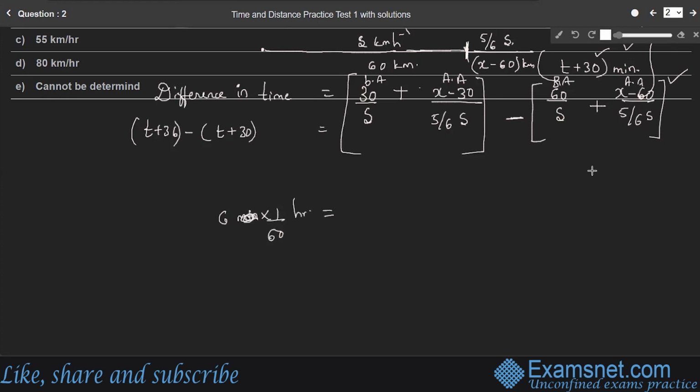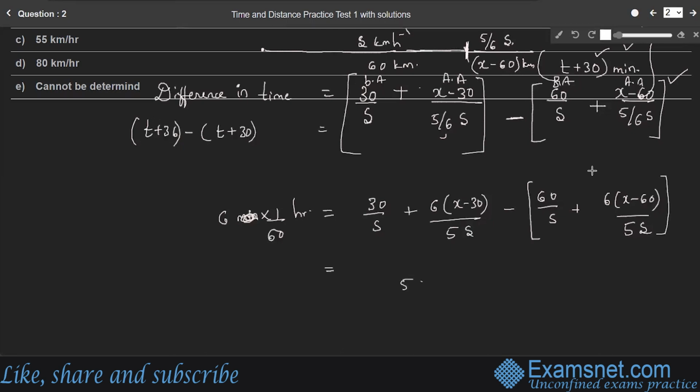Therefore, in the simplification part, 30 by s plus, take this 6 to the numerator, it becomes 6 into x minus 30 divided by 5s, minus 60 by s plus, inside the bracket, 6 into x minus 60 by 5s.